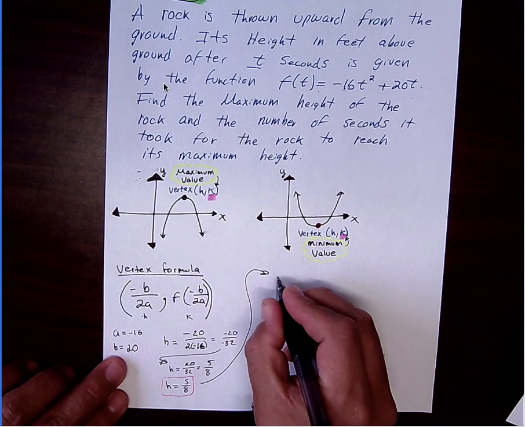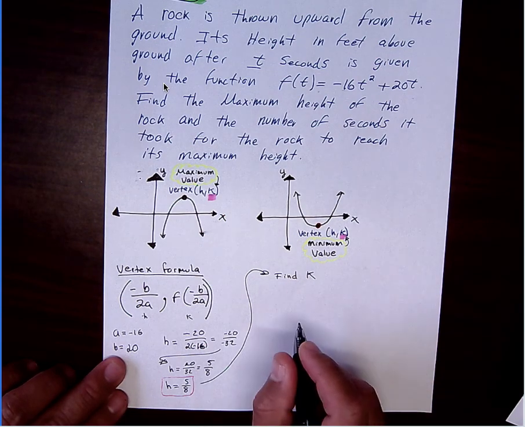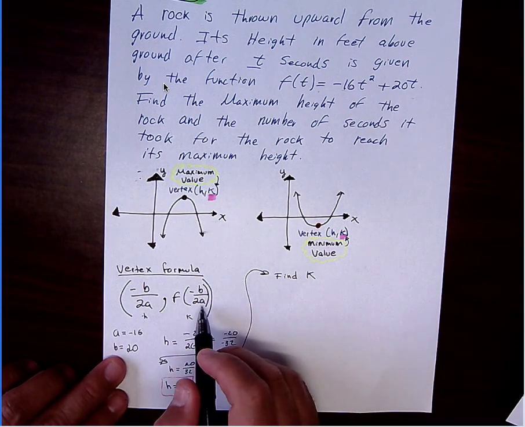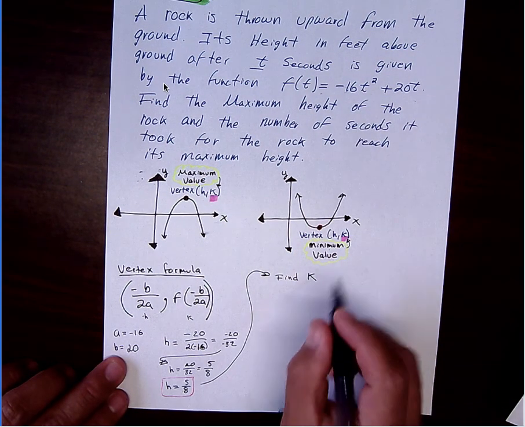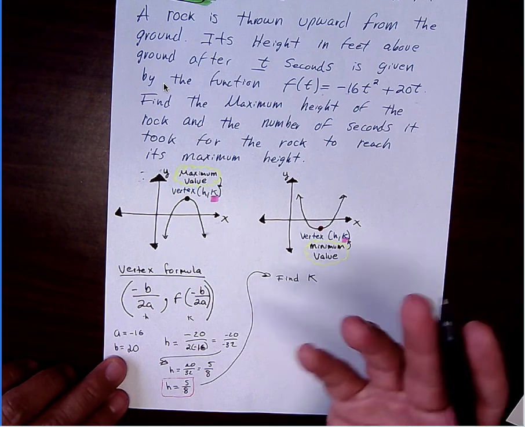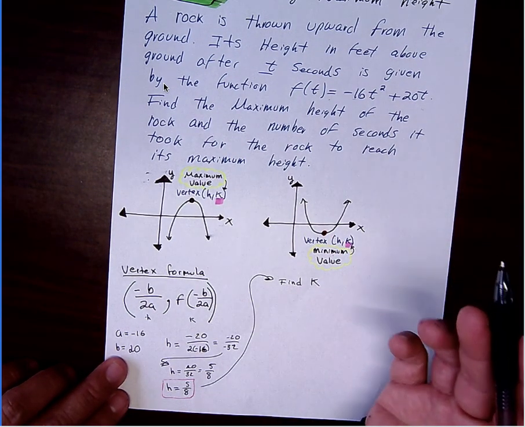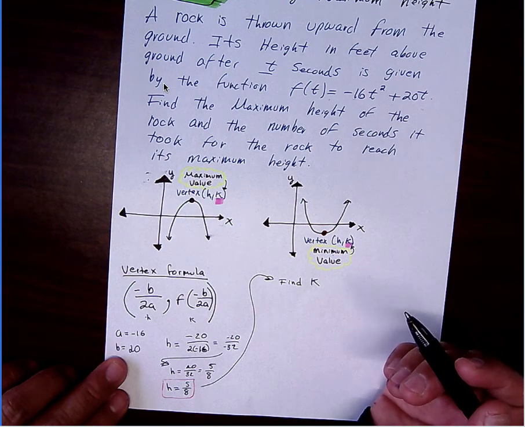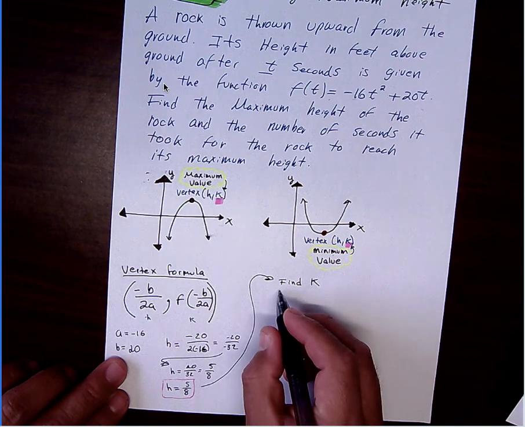Now we find k. We're going to substitute that h into the original. This is where you might get confused. So h would be the t, because we're dealing with time. Let's put it like this.